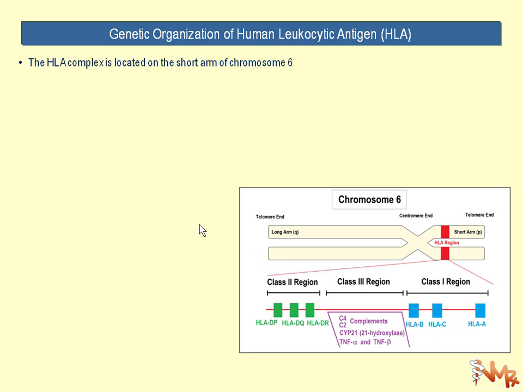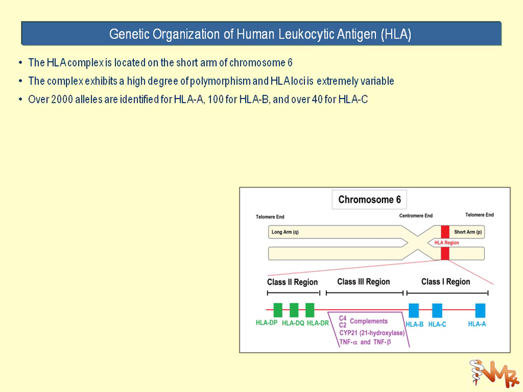HLA complex is located on the short arm of chromosome 6, as we said. The complex exhibits a high degree of polymorphism, and HLA loci are extremely variable. And as we're going to see later, this plays an important role in autoimmune diseases.